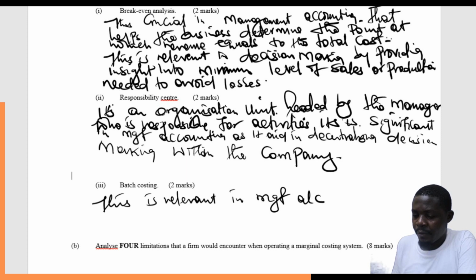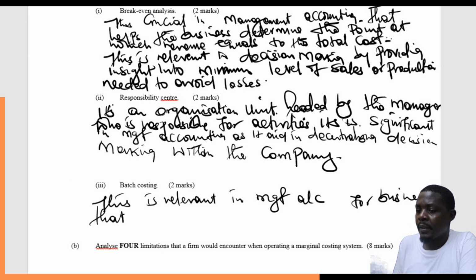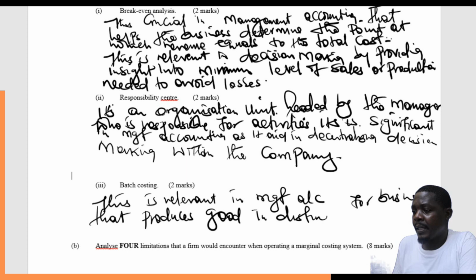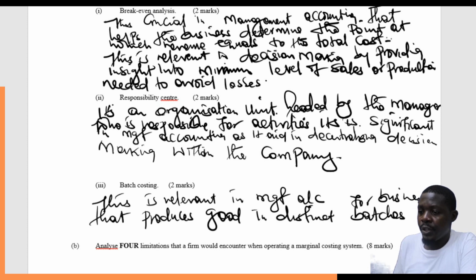Management accounting for businesses that produce goods in distinct batches, rather than through a continuous process.